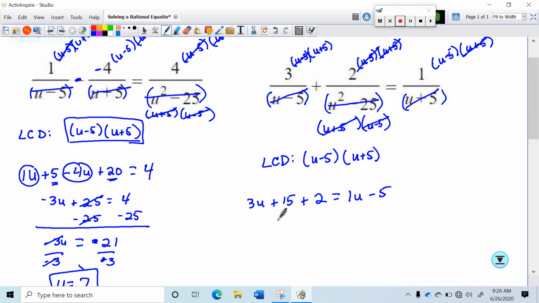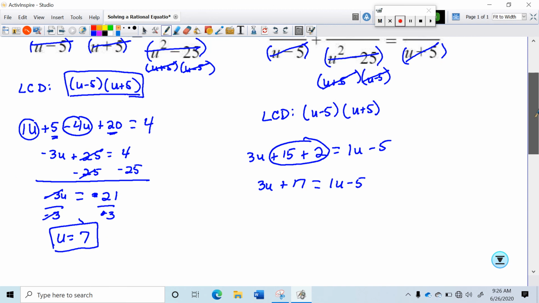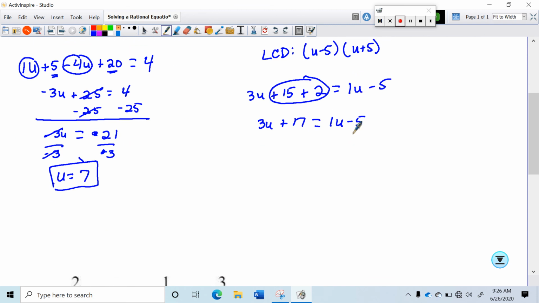In front of the equal sign, I can put these together. So I've got 3u, 15 plus 2 is a positive 17, equals 1u minus 5. I want to get my u's together, so I'm going to do the opposite of positive 1u. I'm going to subtract 1u from both sides. So 2u, bring down the positive 17, equal, opposites cancel, negative 5.